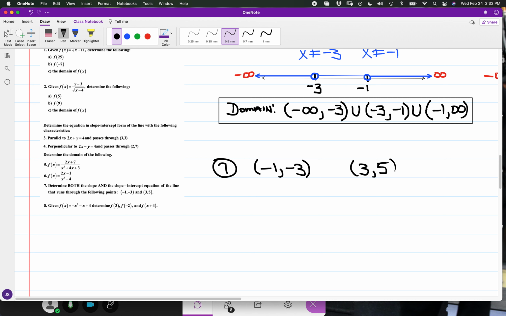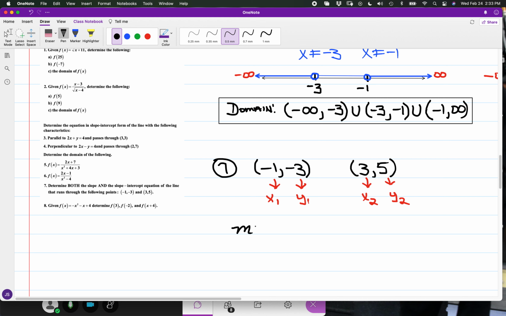In determining the slope, we want to define our first and second x and y coordinates. Keep in mind, your ordered pairs have x in front of y. Since negative 1, negative 3 is given first, we'll let it be the first set of x and y values, and since 3, 5 is given afterwards, we'll let this be the second set.